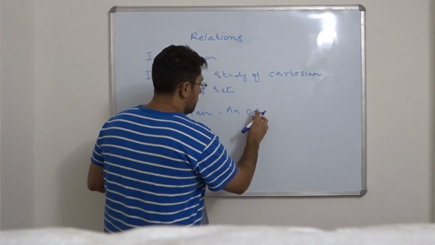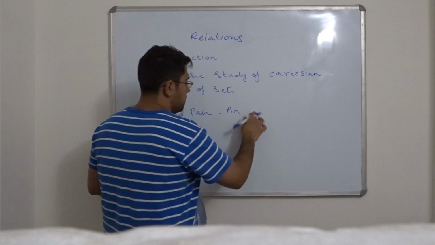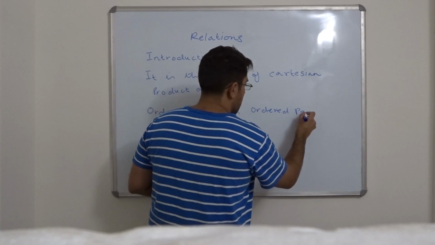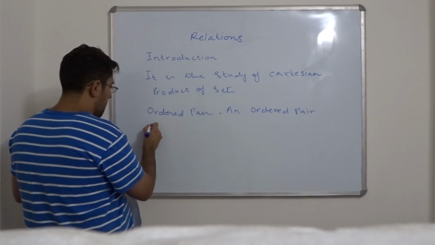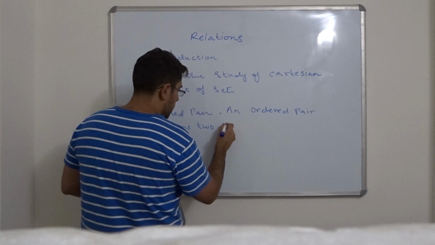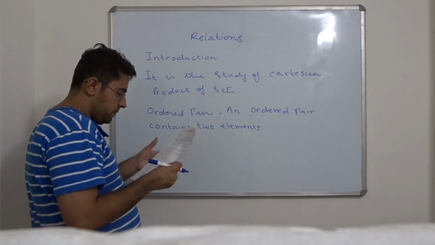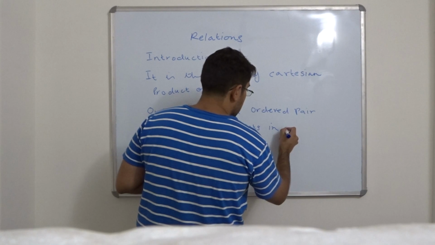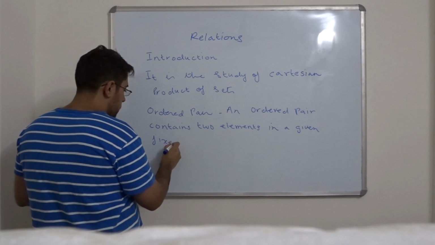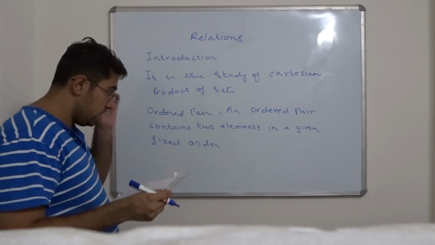An ordered pair contains two elements in a given fixed order. Okay, so that's what it is.